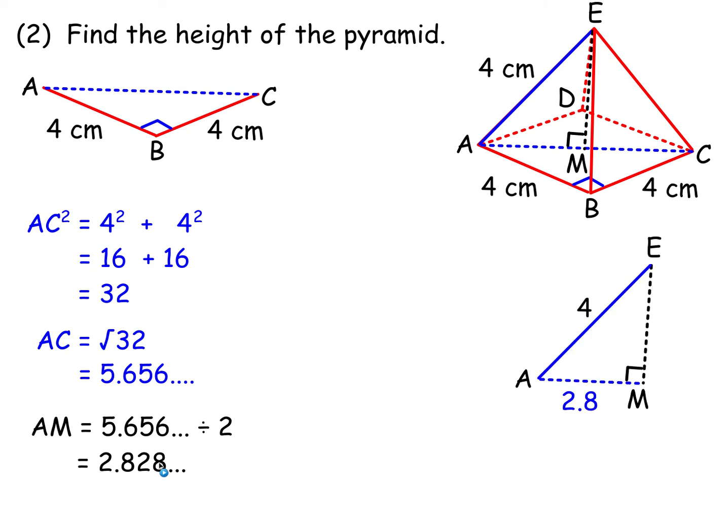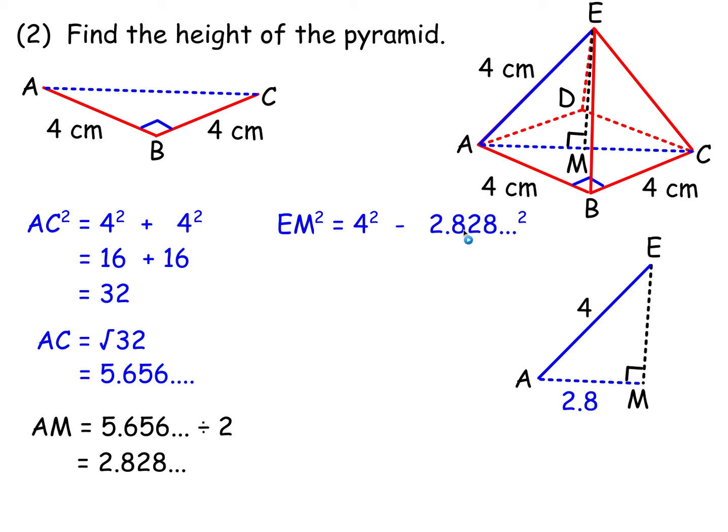Now, if you go to the triangle EAM, it's got a right angle, hypotenuse is 4. This was half of root 32, approximately 2.8, but we won't use 2.8 because it's rounded. It will lead to an error if you squared 2.8. So EM squared is 4 squared minus this unrounded 2.8.